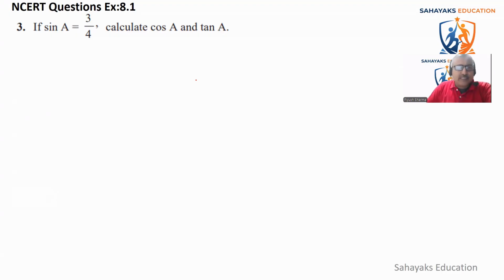Okay, so coming to the next question, it says sin A is equal to 3 by 4. Find the value of cos A and tan A. So again, just make a right angle triangle.